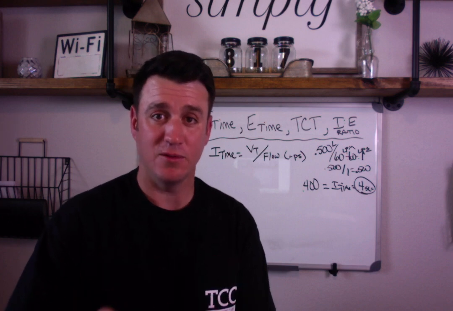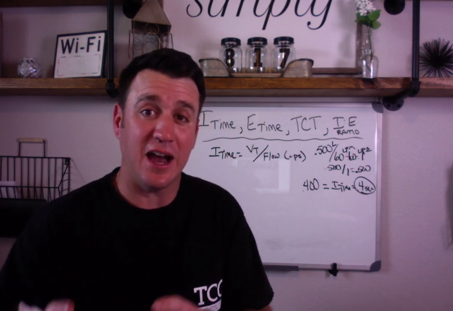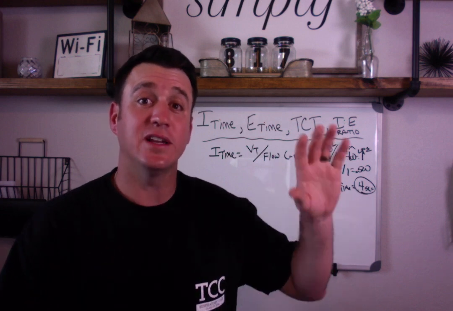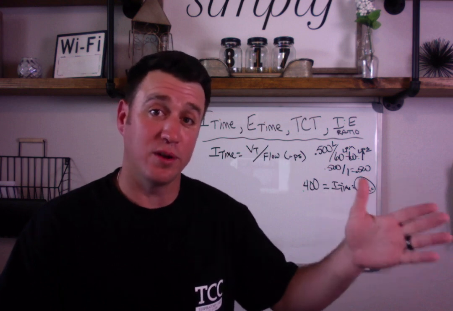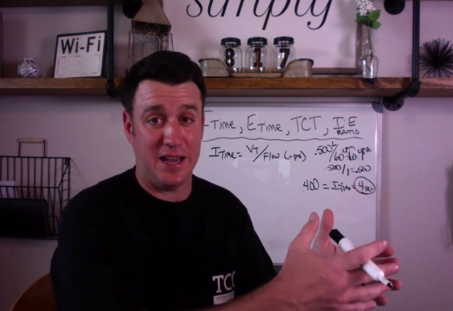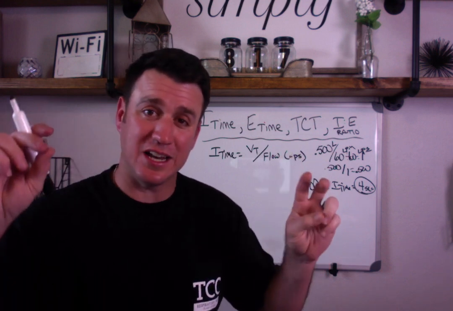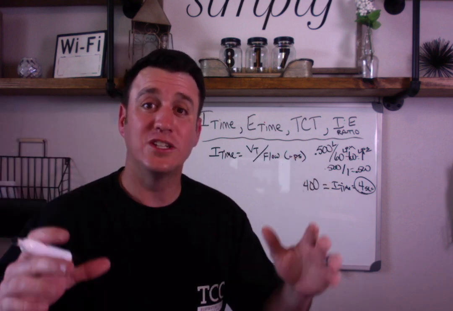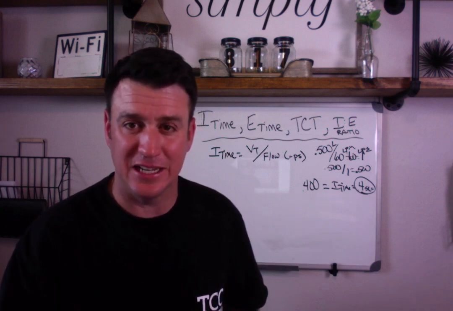Now, hang with me for just a second, okay? Because if you're on a flow of 60 and your I time is equivalent to your tidal volume, okay, meaning your tidal volume is 0.4 liters, then your I time is 0.4 seconds, then you can rationalize out what your I time is if your flow isn't 60 liters per minute.